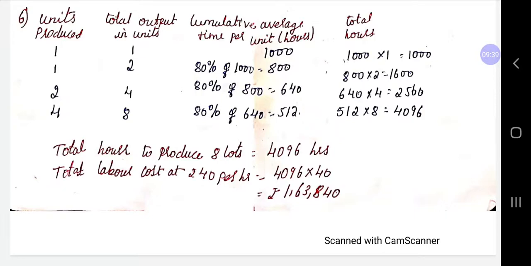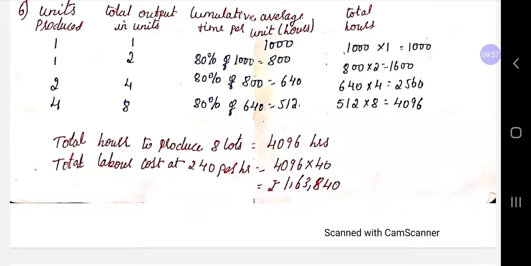Your total output will be 4. So 80 percent of 800 you will get 640. Then 640 into 4, you will get 2560.